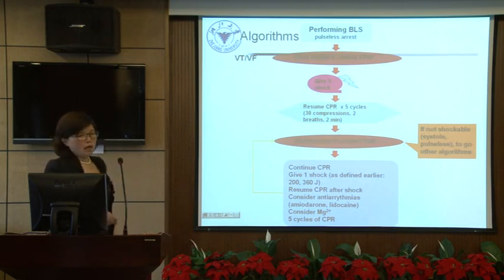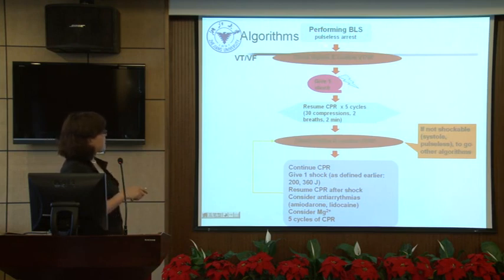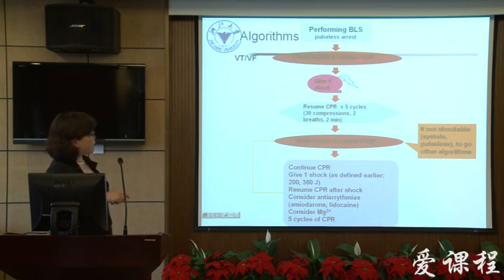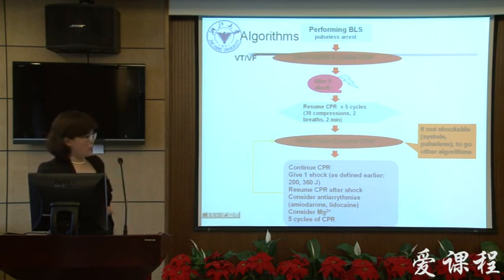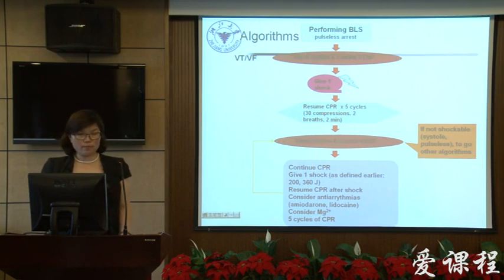This is the algorithm of BLS, basic life support, and advanced life support. So this is basic life support. Performing basic life support, if the patient has a pulse arrest, we check the rhythm and confirm if the patient is in ventricular tachycardia or ventricular fibrillation, and give a shock if available, electrical therapy.